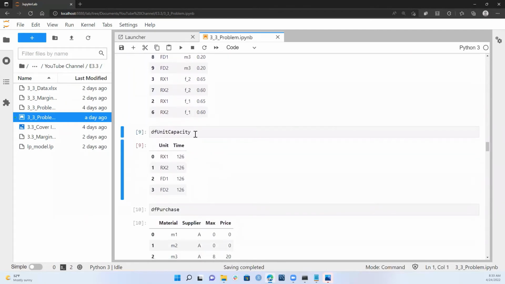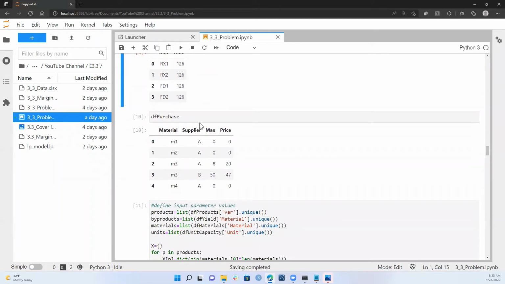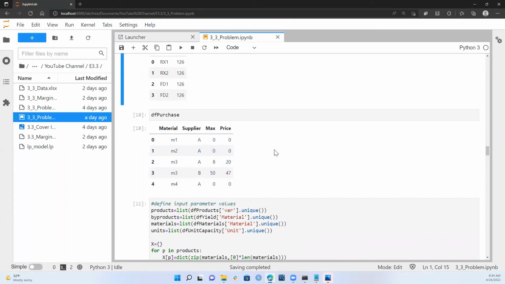No changes to the DF unit capacity, and no changes to the DF purchase table. This table just represents the amounts of the materials that I can procure, in addition to what I have on hand, from which supplier, at what price, and at what volumes it's available.